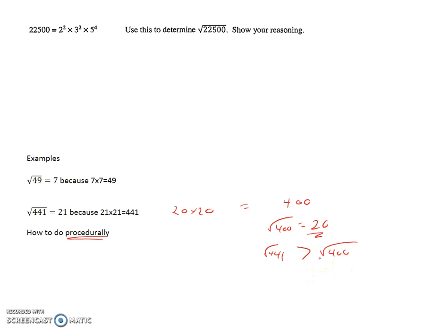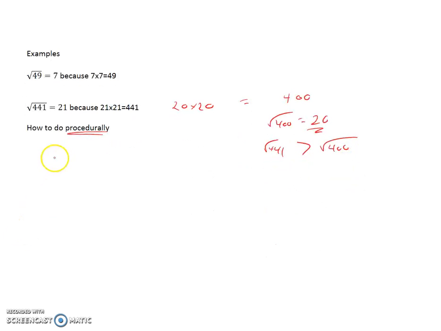So you can think of it like that, but we can also set up a little procedure which involves either factor trees or breaking down numbers into products of prime numbers. So if I look at the number 441, how do I split this number up?